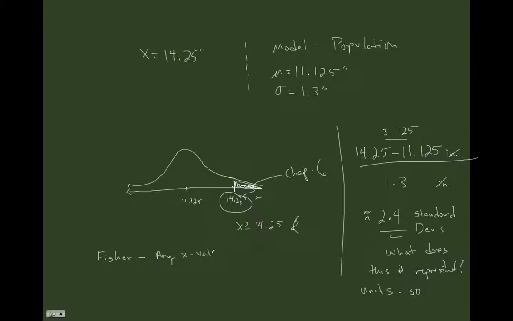Any x value, and this is going to get more detailed later on, but let's just keep it simple right now. We'll talk about any x value that's more than 2 standard deviations from mu is rare and unusual.